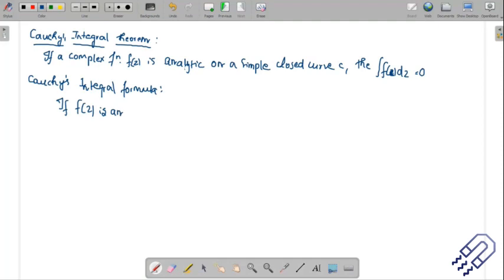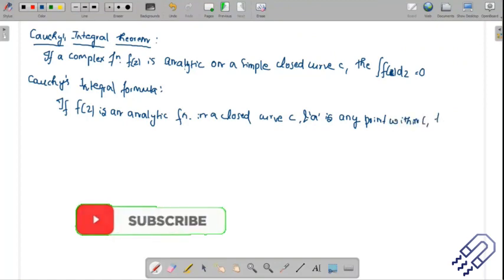If f(z) is an analytic function in a closed curve C, okay, and a is any point within C, then what we have is f(a).